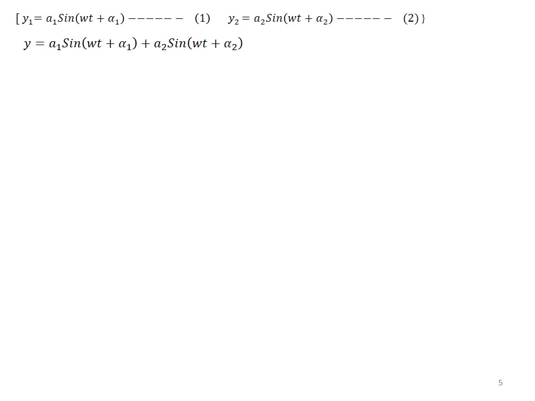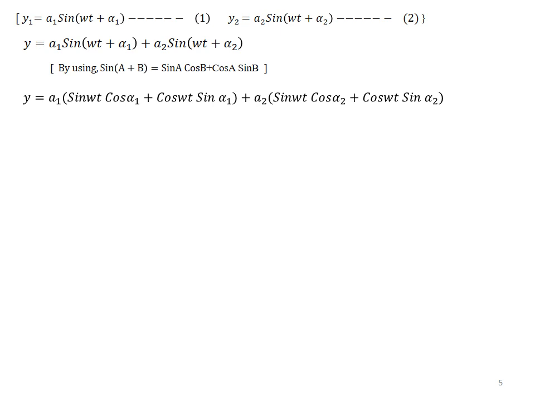Then by using the identity sin(a plus b) is equal to sin a cos b plus cos a sin b, the above equation can be written as y is equal to a1 [sin omega t cos alpha 1 plus cos omega t sin alpha 1] plus a2 [sin omega t cos alpha 2 plus cos omega t sin alpha 2].